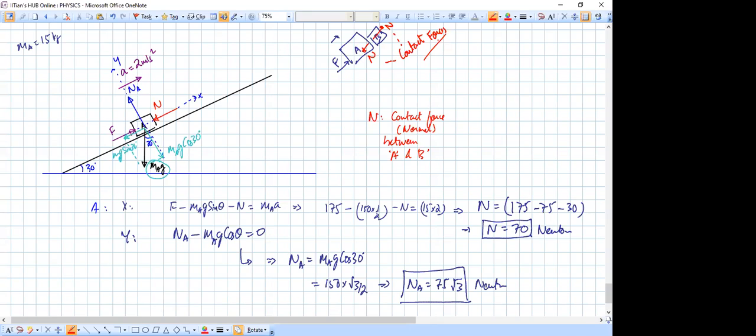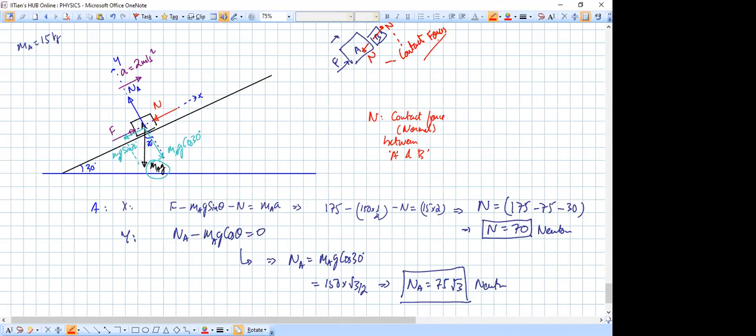Is it clear, Somarup? Okay, good. 70 is what I've written there, but what is N?